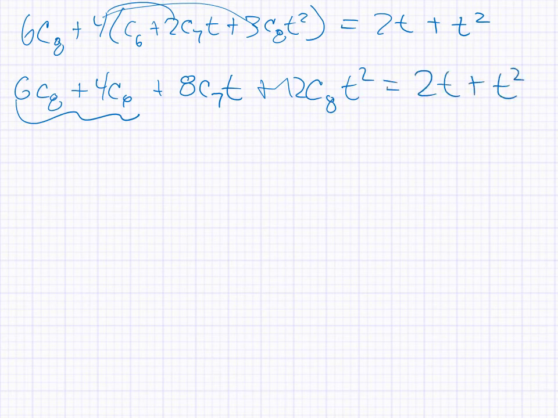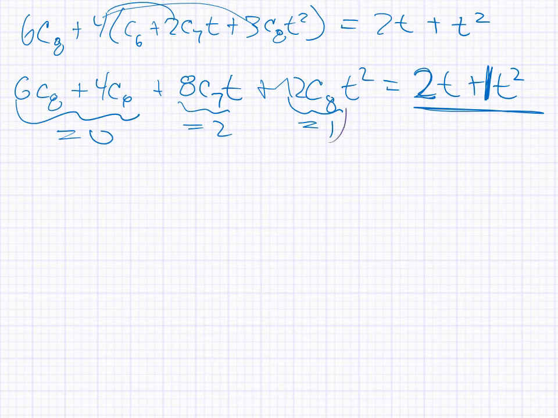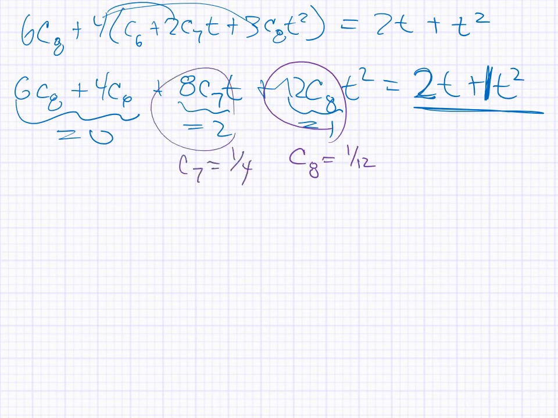All right, well, based off of what's happening here, 1 in front of t squared, 2 in front of the t, this would have to equal 1, this would have to equal 2, and this would have to be 0. There's no constant on the right-hand side. So working our way backwards here, this tells me that C8 has to equal 1/12. This tells me that C7 has to equal 2/8, which is 1/4.